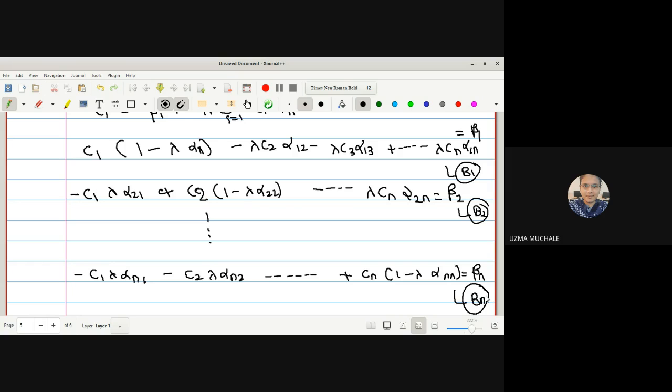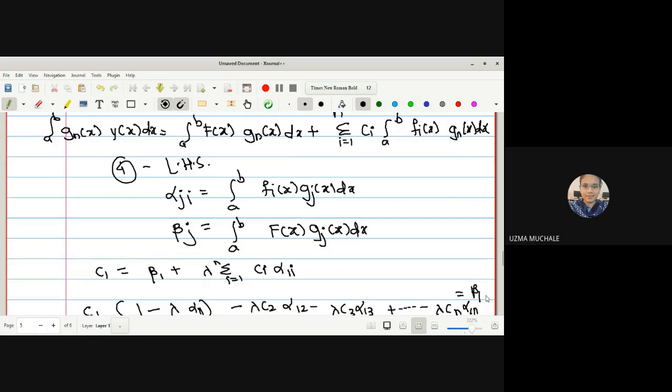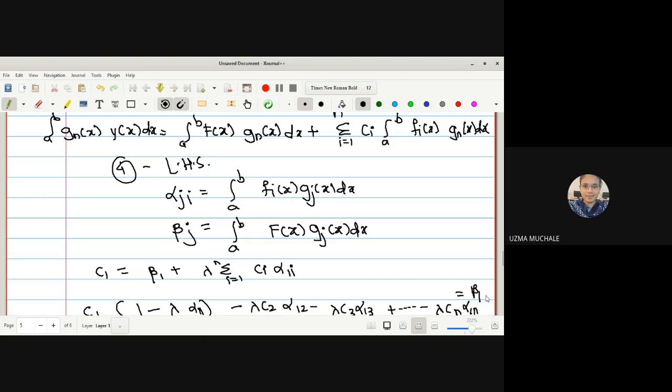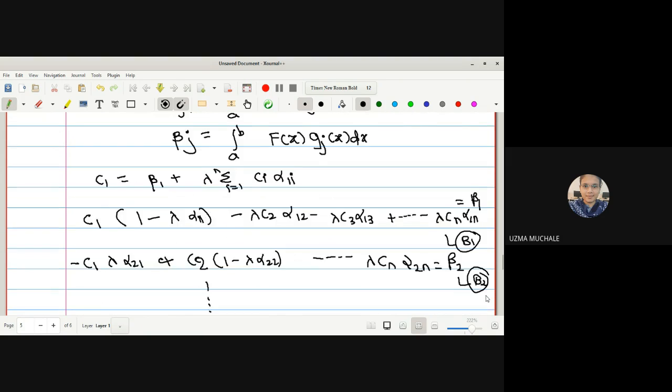The equations A1, A2, A3 up to An have now been converted into B1, B2, B3 with the help of these conditions. First, the LHS is substituted by equation 4, that is the value of Ci, and alpha ji we have substituted, and next is beta j.